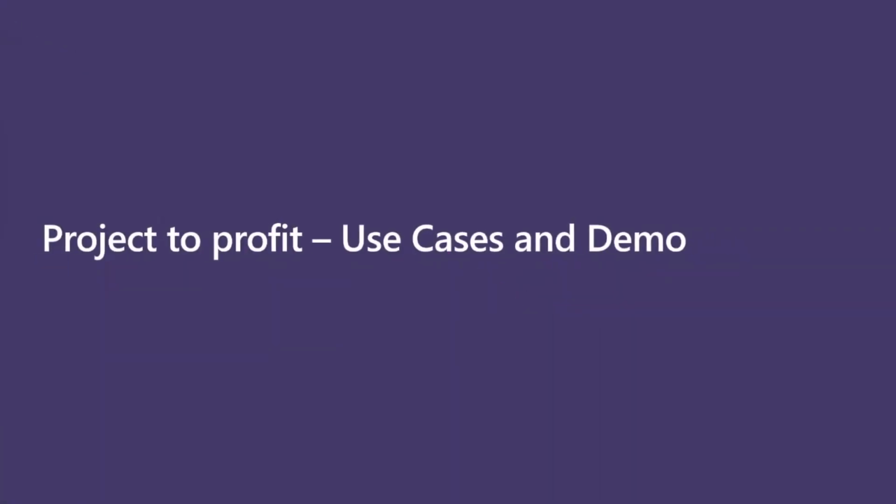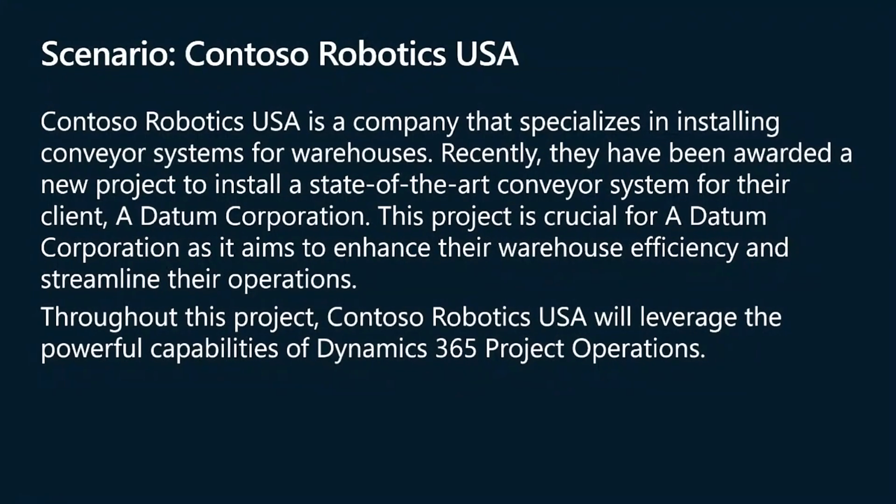Let's consider a specific example to understand how certain L3 business processes interact with the project-to-profit business process. Let's consider this scenario. Contoso Robotics USA is a company that specializes in installing conveyor systems for warehouses.